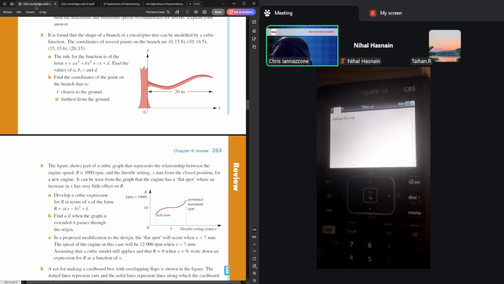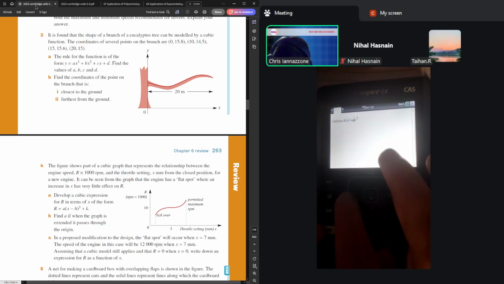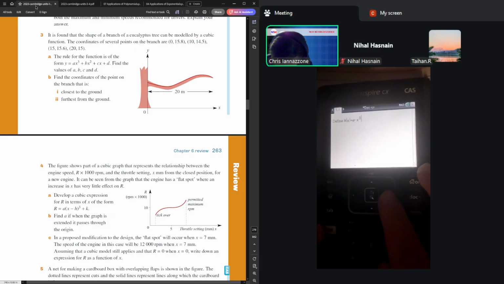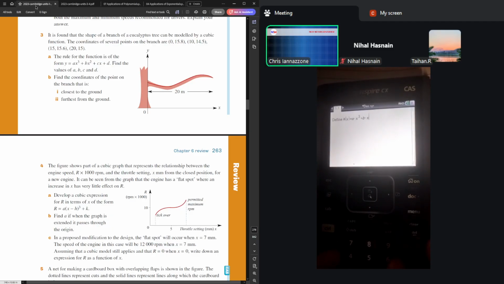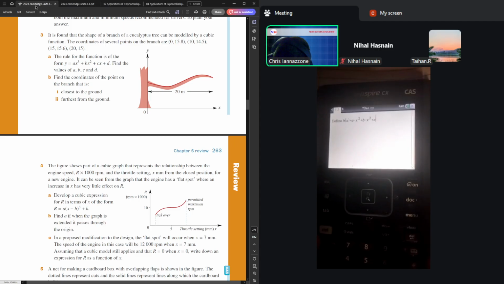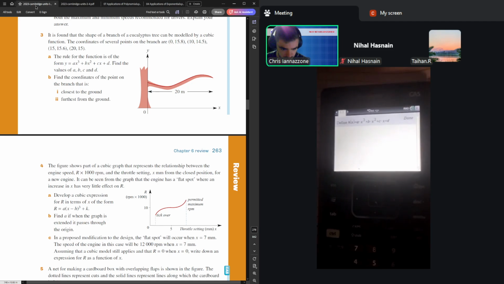I don't just do ax cubed, I do a times x cubed, because your CAS believes that ax is its own variable. If you do a times x, it'll split them up. So b times x squared plus c times x plus d, and yeah.